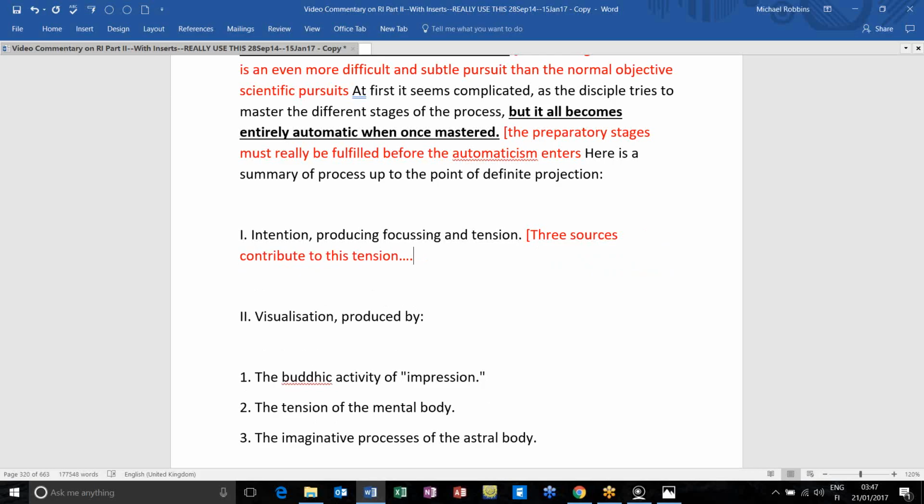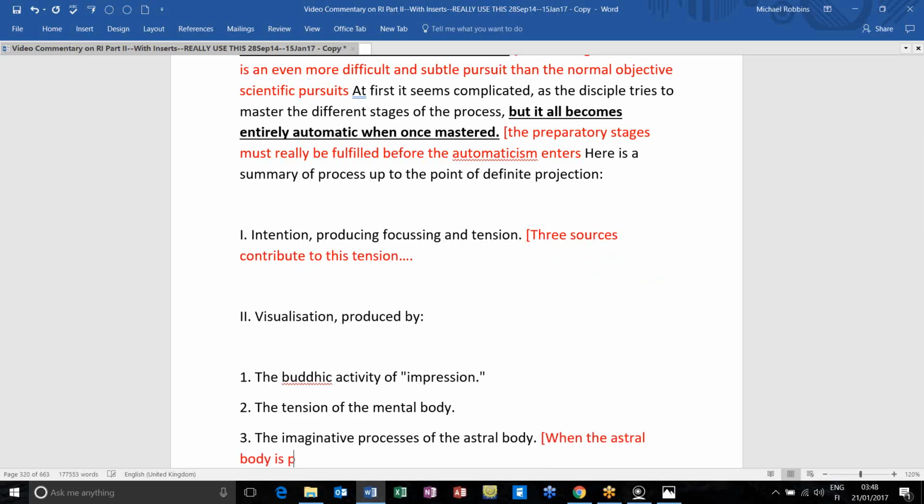Visualization produced by the Buddhic activity of impression, the tension of the mental body. That substance is held and is not released. It is retained within a field characterized by tension of the gathered energies, and the imaginative processes of the astral body.